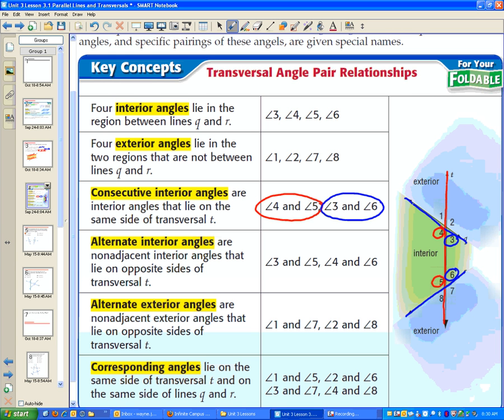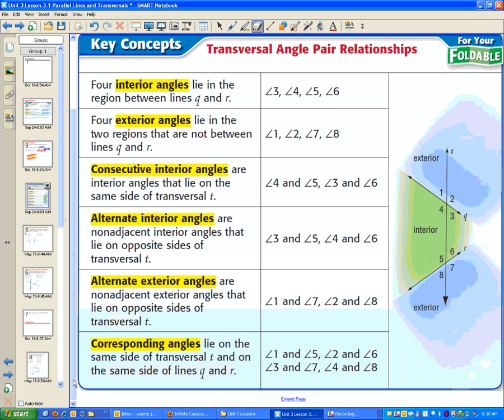Okay? Now, alternate. If you alternate between two positions, you go back and forth, don't you? Think of the words meaning about the same thing here. Alternate interior angles are non-adjacent interior angles that lie on opposite sides of the transversal.